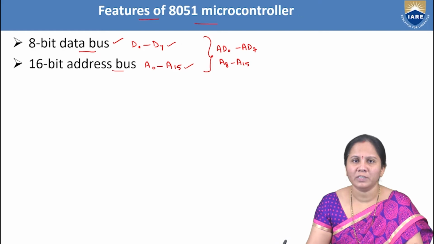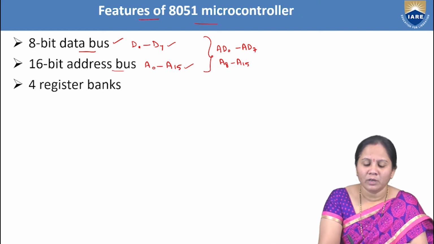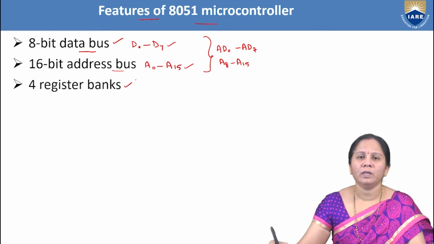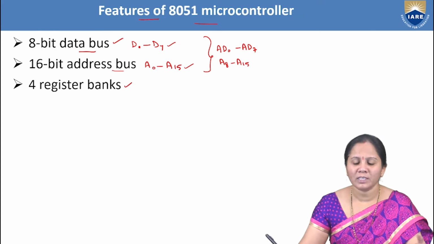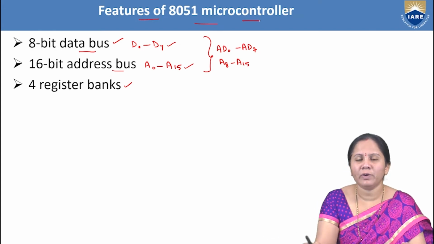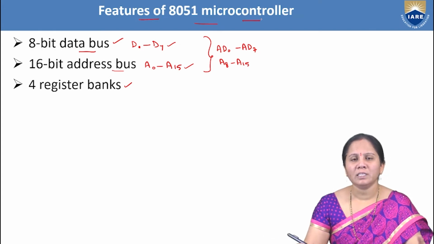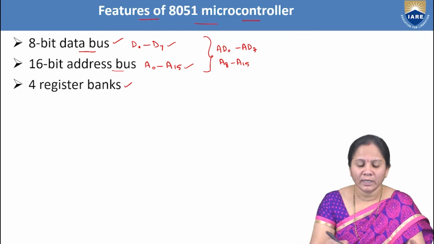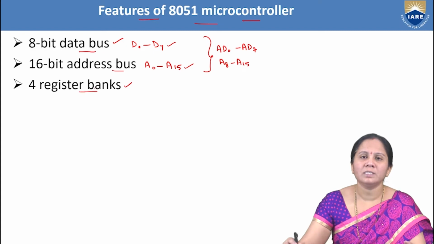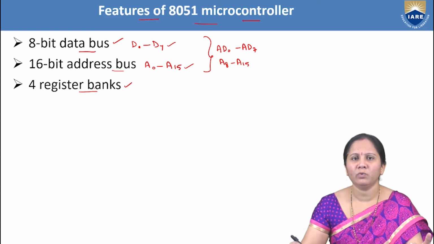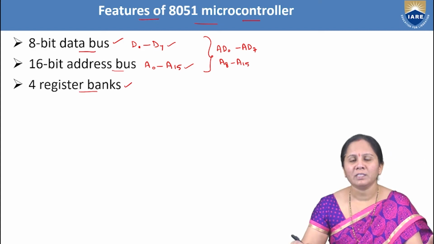Now, it consists of 4 register banks. As we say, the 8051 microcontroller has a large number of registers, because it consists of 4 register banks: bank 0, bank 1, bank 2 and bank 3.